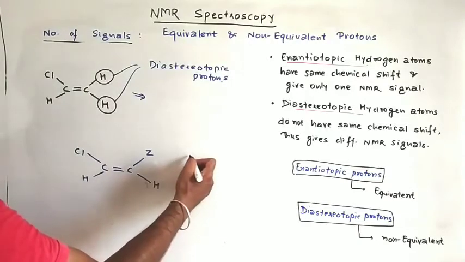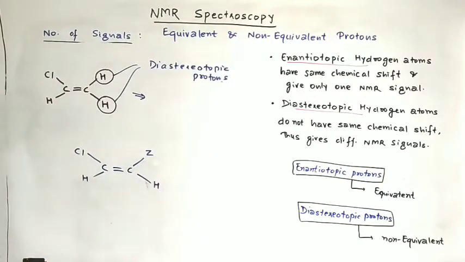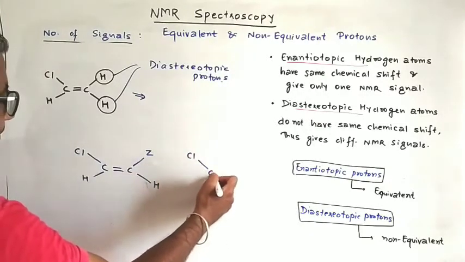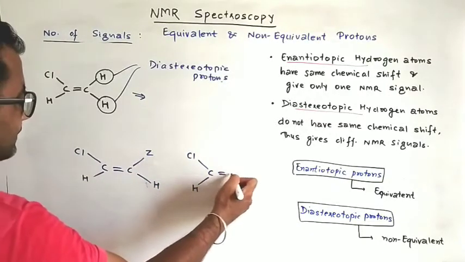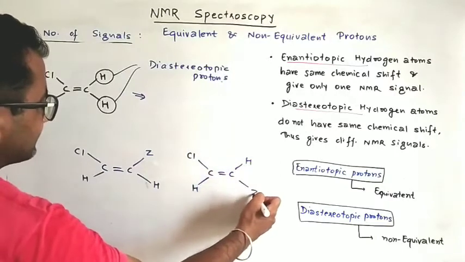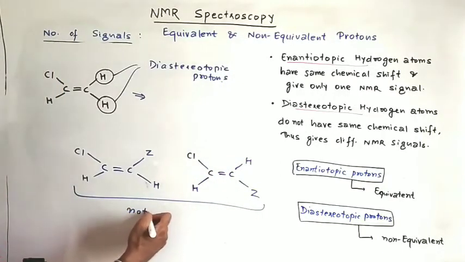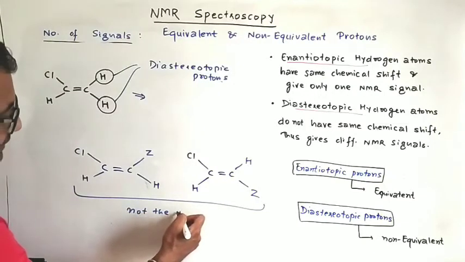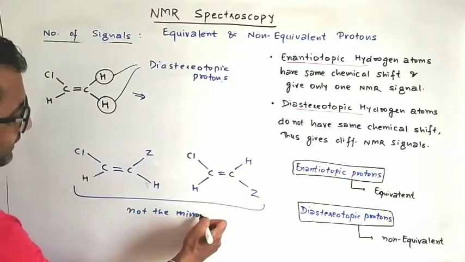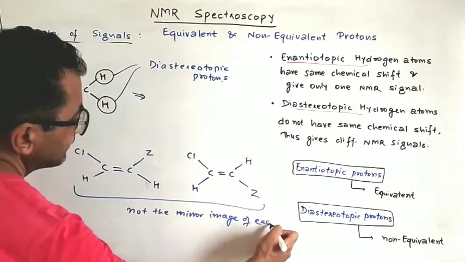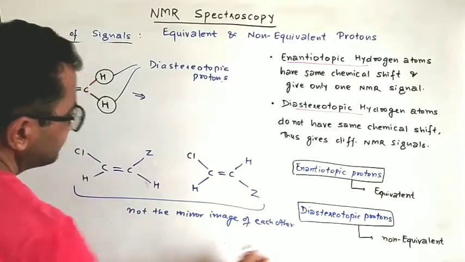And second, if we replace the second by Z, you get the other molecule. These two molecules are not mirror images of each other.